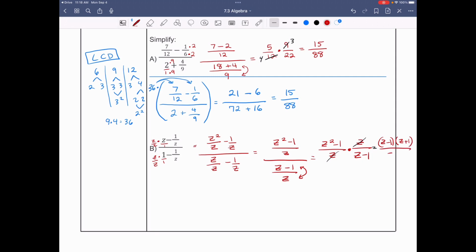And in the denominator, we have z minus 1, so we can cancel again. We can cancel the z minus 1s, leaving us with just z plus 1.